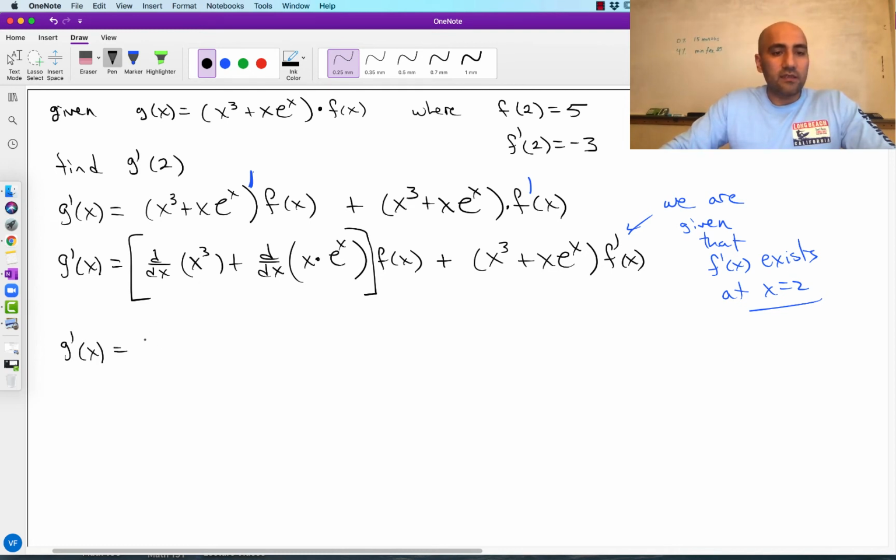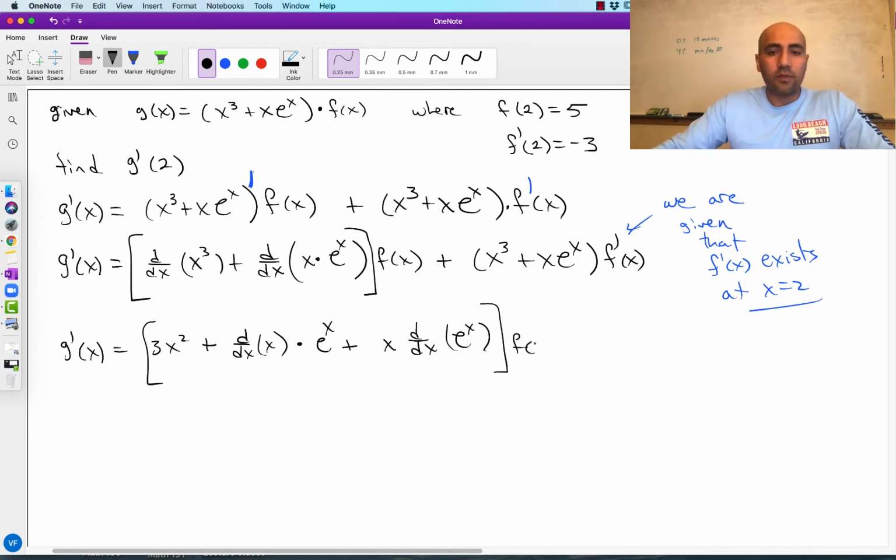Okay, so g prime of x equals, now this is easy. That's going to be equal to 3x squared, no problem, plus, and now we know we take turns. So this will be the derivative of the first one, d dx of x times e to the x, plus, leave this alone, and then d dx of e to the x.